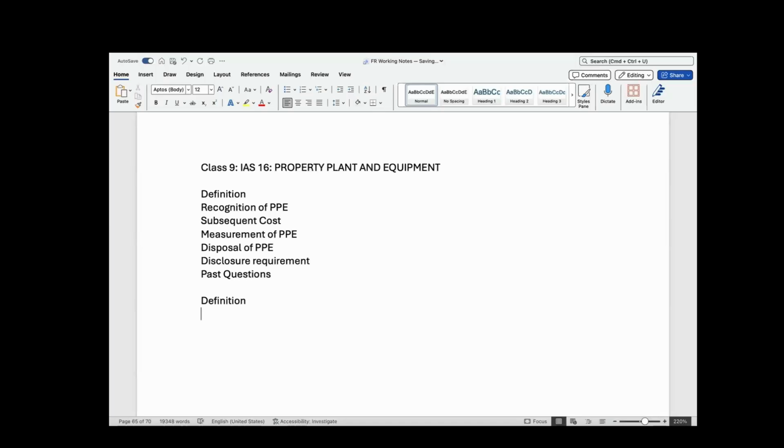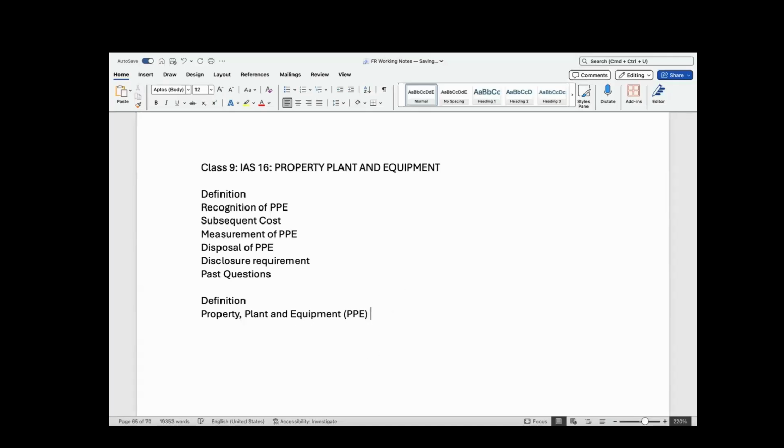Let's have the definition of property, plant, and equipment, which we usually shorten as PPE. So I will write it in full now: property, plant, and equipment. Then going forward, I will simply write it as PPE. Now, what is it?